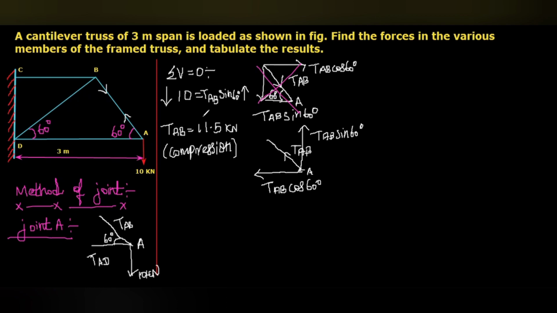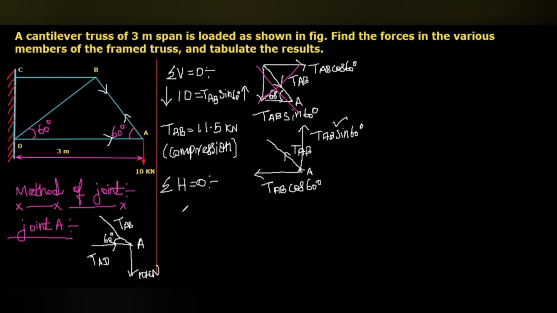Then the summation, or algebraic sum, of the horizontal forces equals 0. Here you can see this 10 kilonewton cancels the vertical component TAB sin 60 degree. Then this TAB cos 60 degree, which is acting towards the left side, should be compensated by another horizontal force, that is TAD. If this acts left side, then this should act towards the right side, like this.